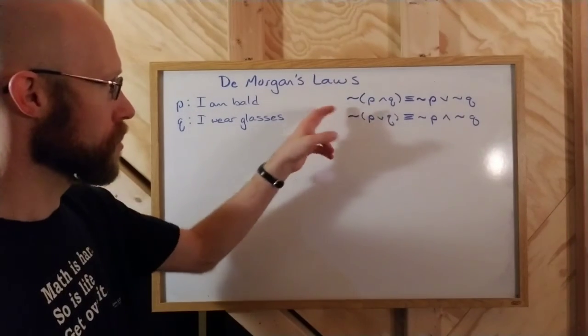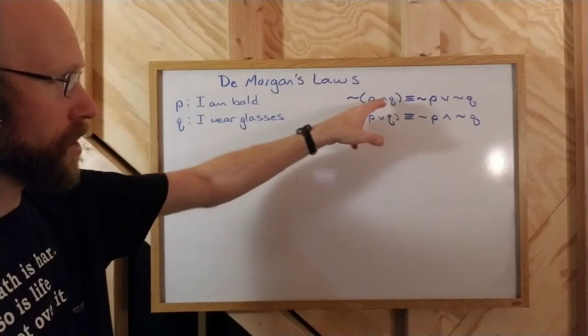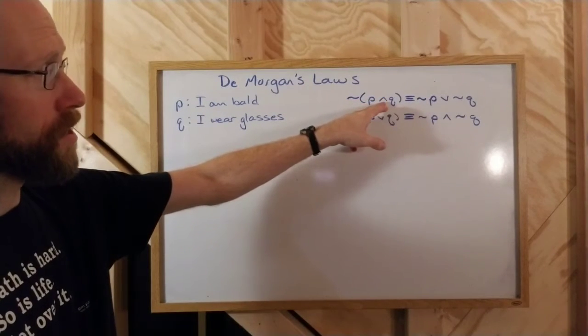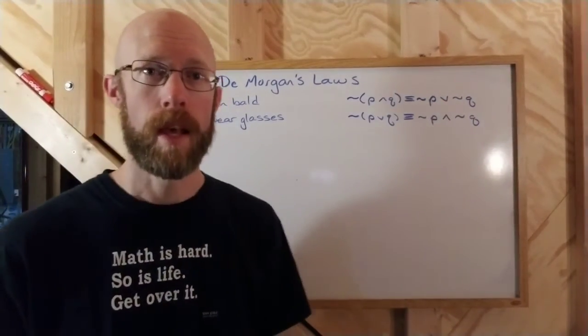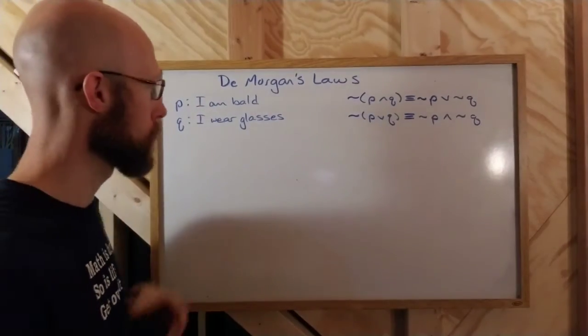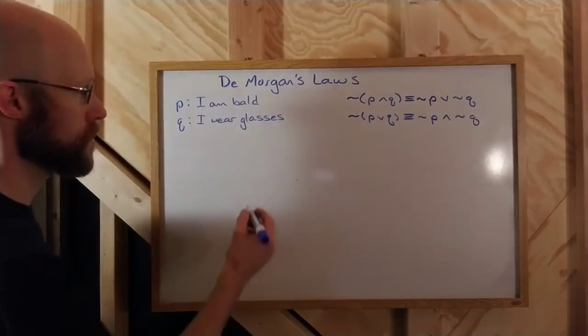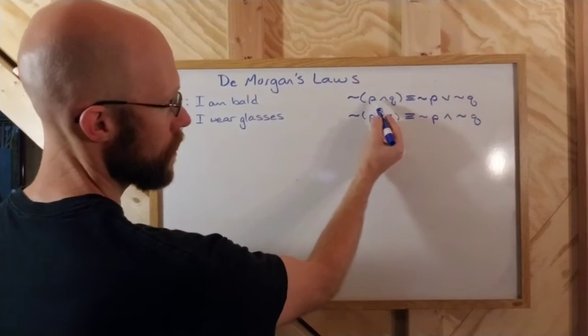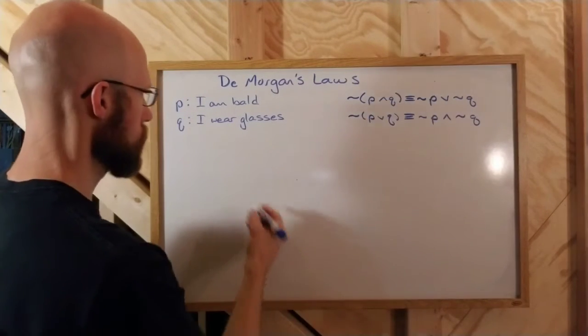But De Morgan's laws, the first one here, the negation of an and is equivalent to the or of the negations, right? And so what I'd be basically saying here, if I let P be I am bald and Q be I wear glasses, is that right here in the parentheses, this is I am bald and I wear glasses, right?